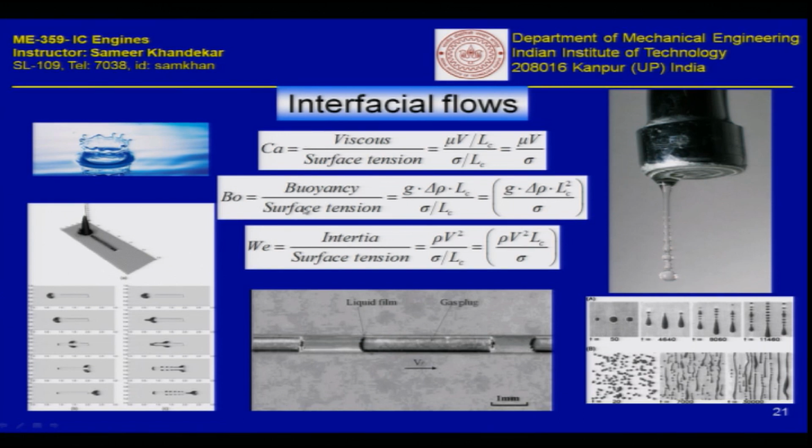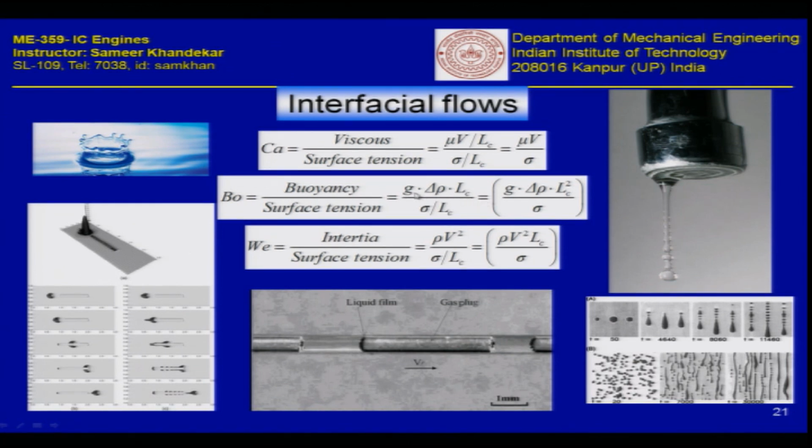So, for very small systems, let us say the way we are talking about the fuel injector, the nozzle of the fuel injector is extremely small. So, this characteristic length is very small, and because of which, since the surface tension has the length scale in the denominator, naturally the sigma by r will be a very large quantity as compared to g delta rho, for example.